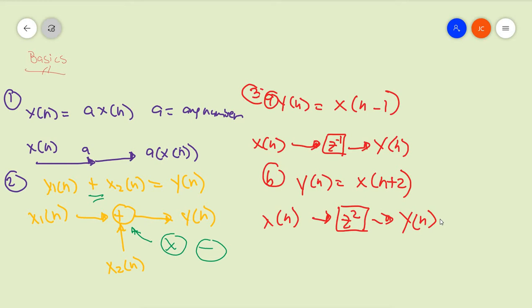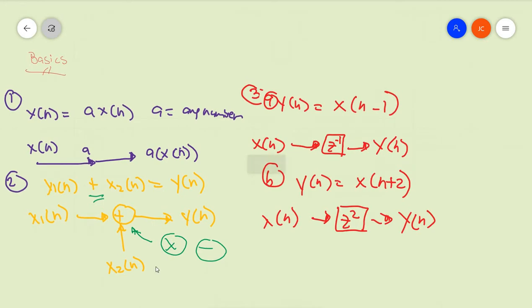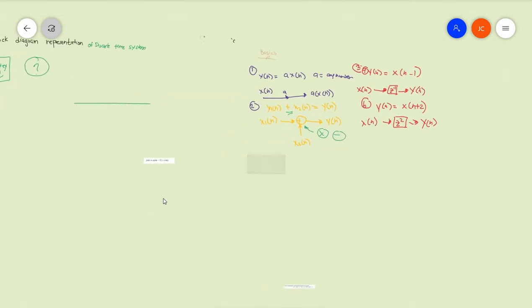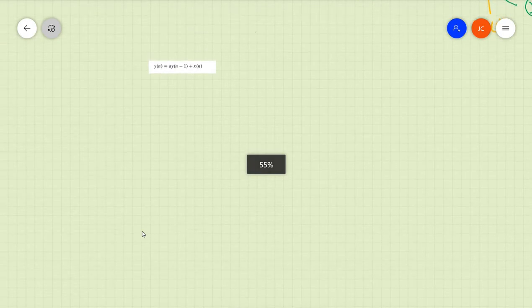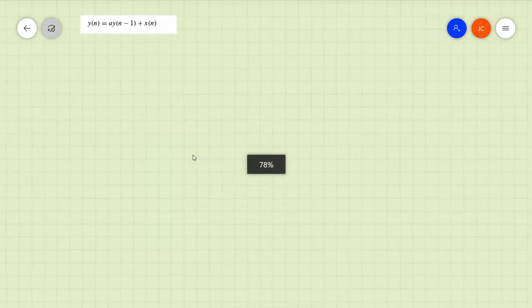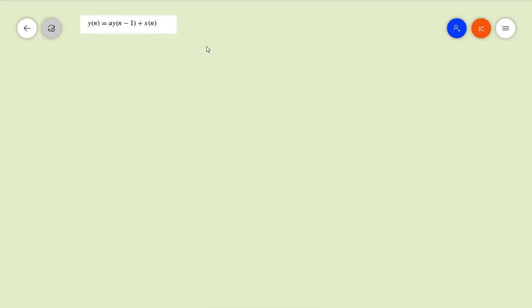Our example is this one. This is a simple recursive system with an input and output equation, so we're going to apply the basics here.